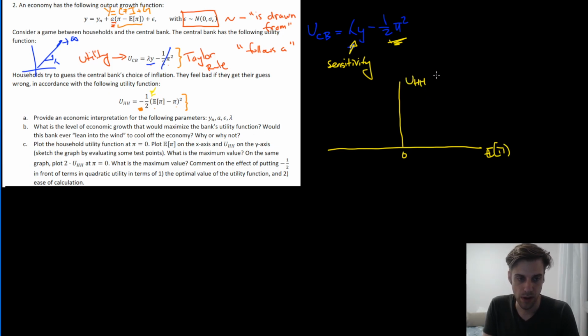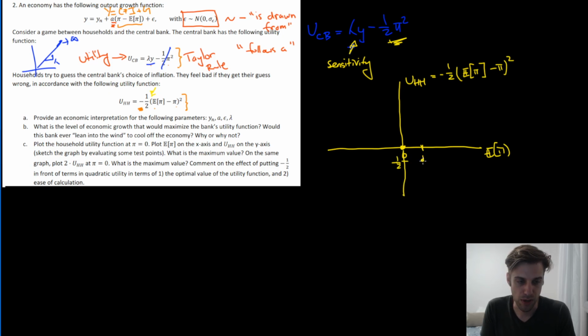So UHH equals minus 1/2 expected inflation minus inflation squared. So when expected inflation is 0 and this is 0, we get 0 minus 0 is 0. Okay, so our first point is 0. Now let's test 1. When expected inflation is 1, 1 minus 0 is 1, squared is 1, times 1/2. We get minus 1/2. Okay, great. Let's come down here. So here we have minus 1/2.